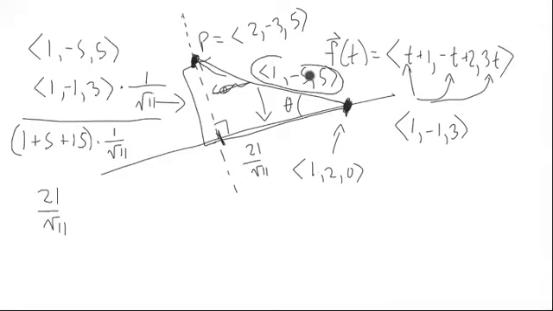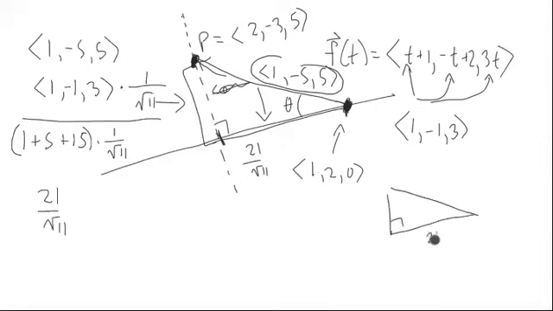So we just need to find the length of that. Maybe I'll draw a triangle down here. I know this is 21 over root 11. This length is going to be 1 squared plus 5 squared plus 5 squared. So we're looking at the square root of 51. And then we just need to know that, and that'll be the distance.